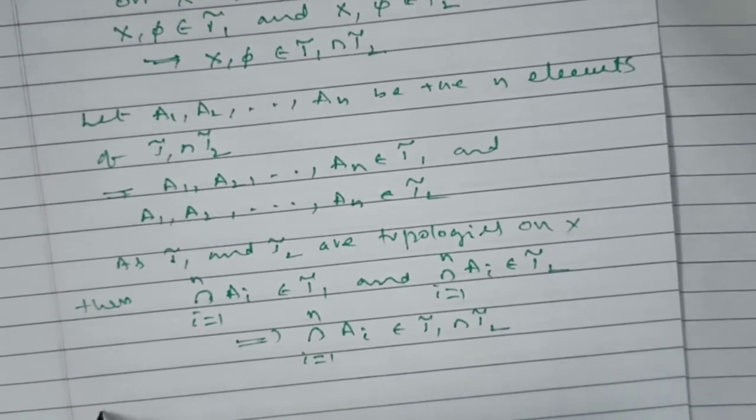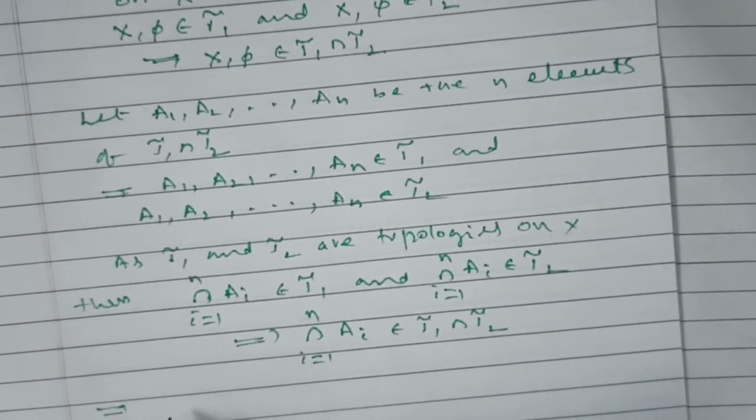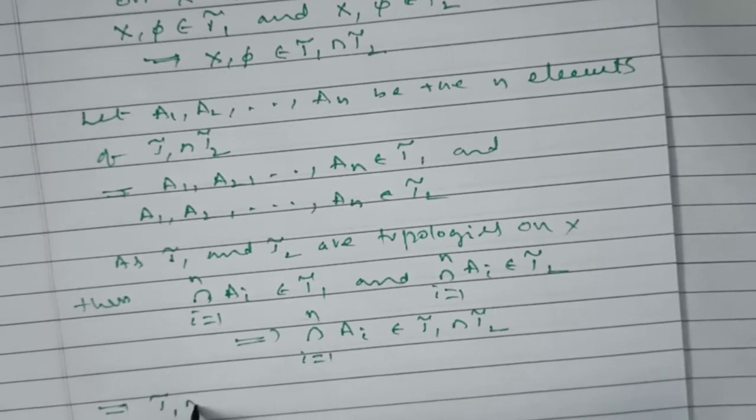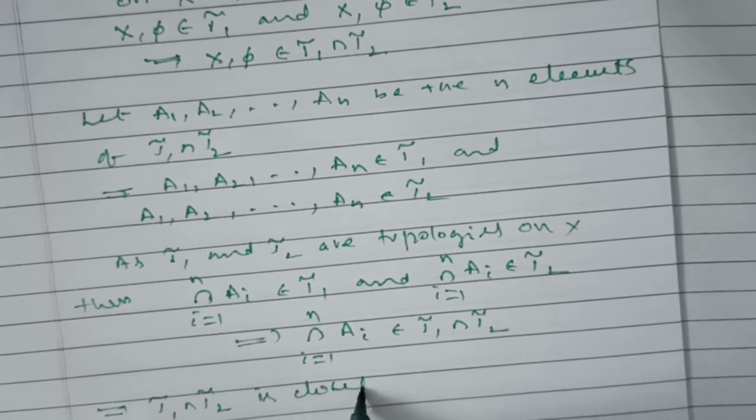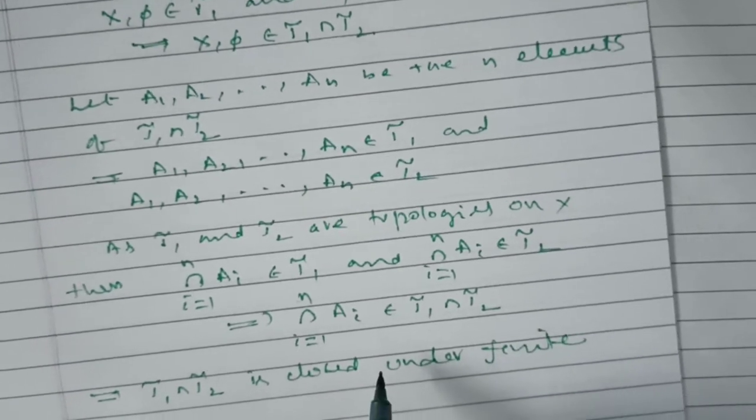This implies every finite intersection of elements of τ1 intersection τ2 is also an element of τ1 intersection τ2, so that τ1 intersection τ2 is closed under finite intersection.